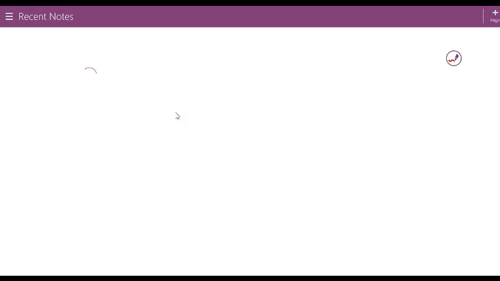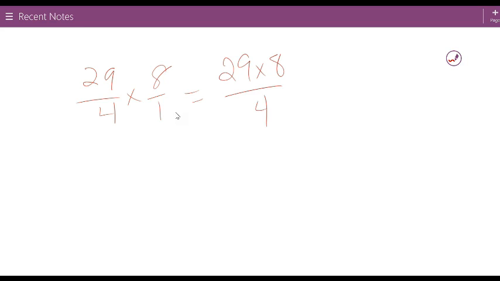Same as what we had before, multiplying it by an integer, we want that integer to now be a fraction, so 8 over 1. I'm just going to set this up and I'll let you do the computation. So that'd be 29 times 8 over 4. And I'm just going to continue to write it like that.